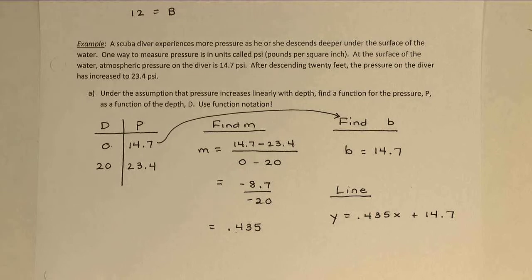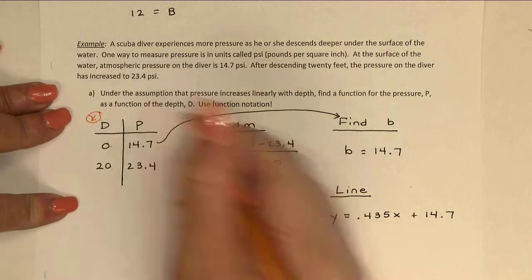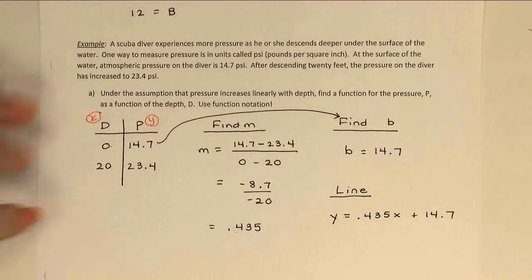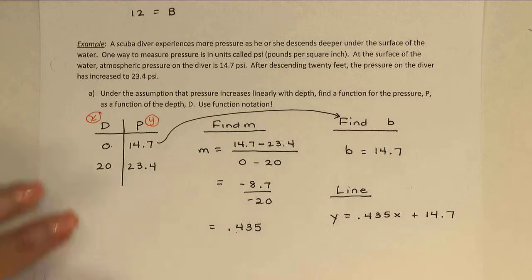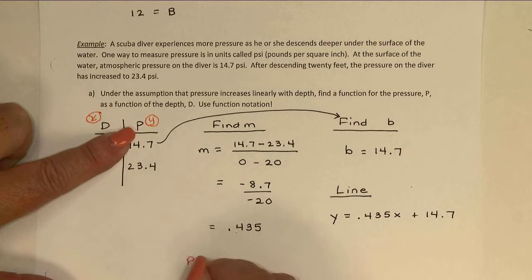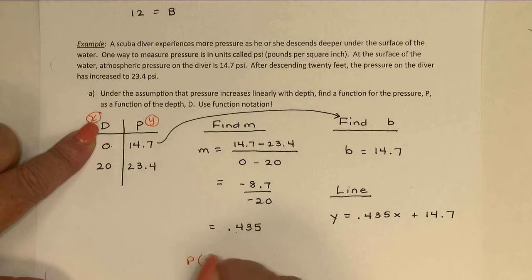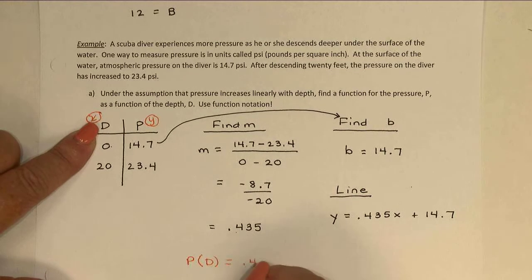Now I'm just going to convert that to the variables that we're using. My x value is actually the depth, and my y value is the pressure. So I would rather write my equation as, not y, but P for pressure, as a function of depth, is 0.435 times d plus 14.7.